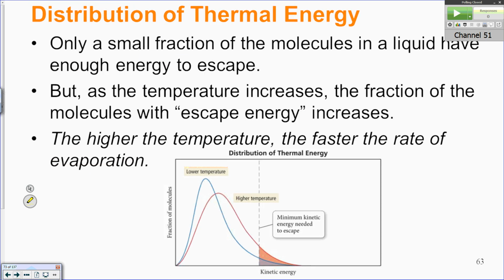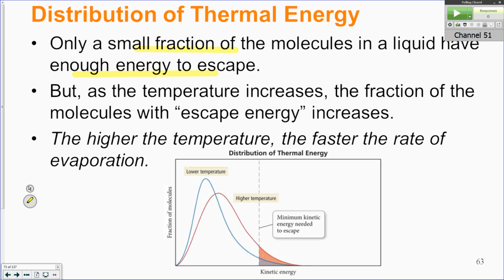One of those factors, the strength or stickiness and how well they stick together, is a measure of the intermolecular forces. Now, when we think about what's happening with the molecules, typically only a small fraction of the molecules have enough energy that they can break free from the surface.